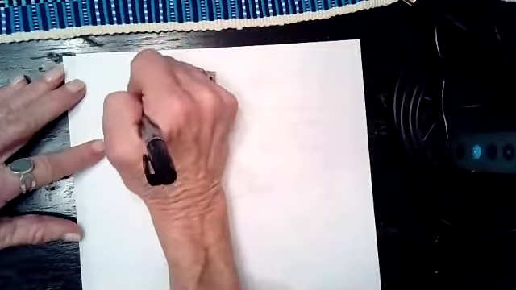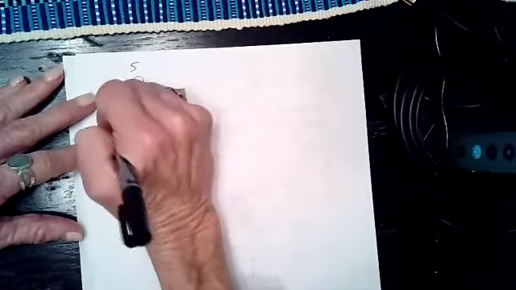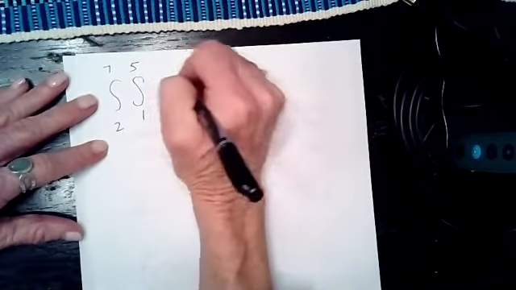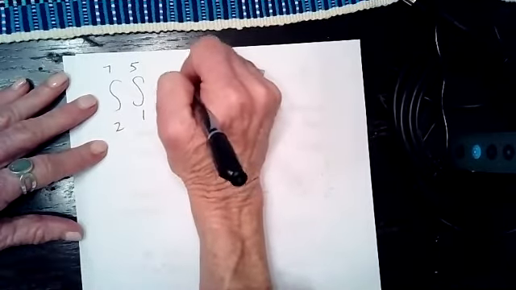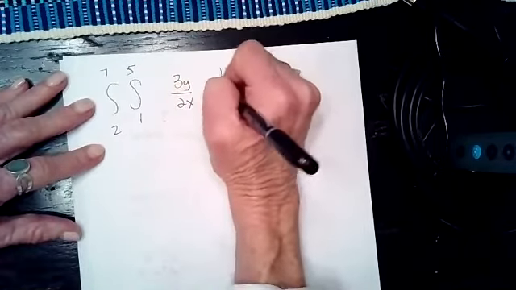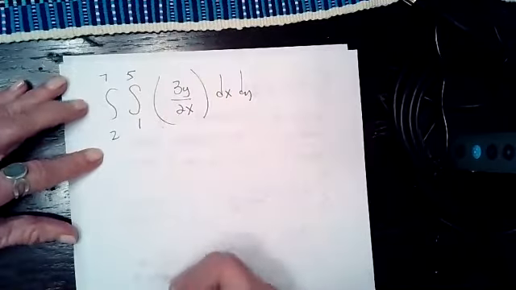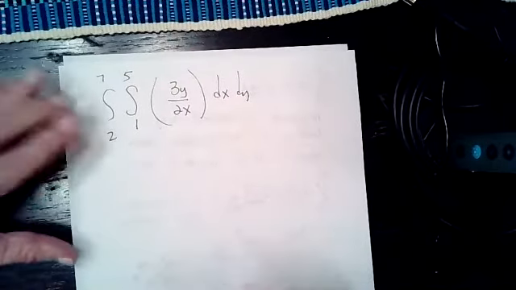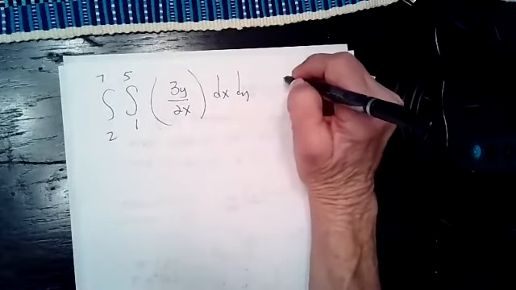All right, so if I have the integral from 1 to 5 and 2 to 7, let's say, and it is, what they always put, the y's first. So 3y over 2x, but let's say they do dx dy. Okay. All right, so when you're looking at just this fraction problem, this is the only one we may have to rewrite.